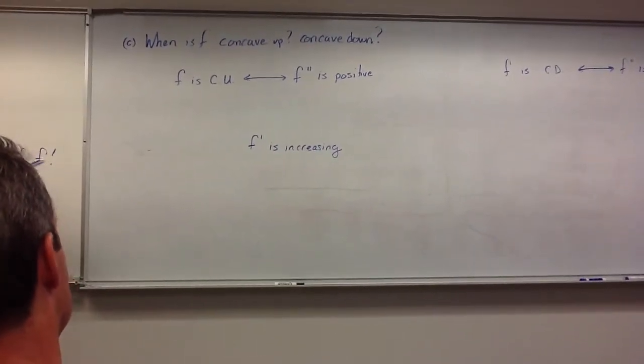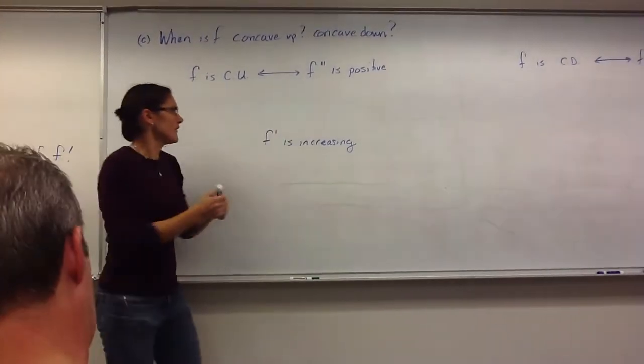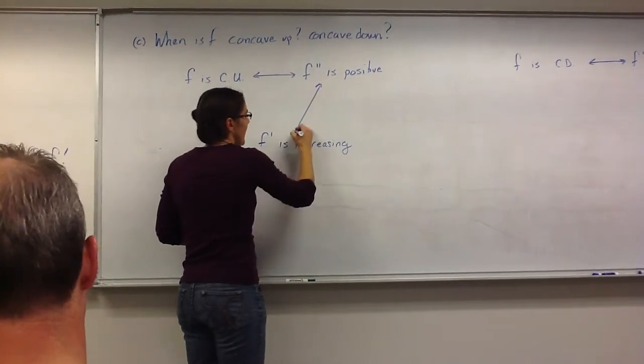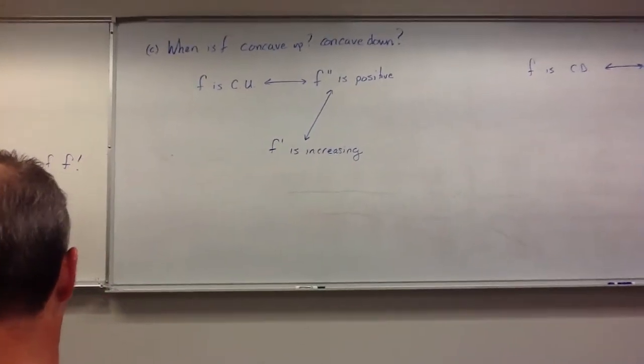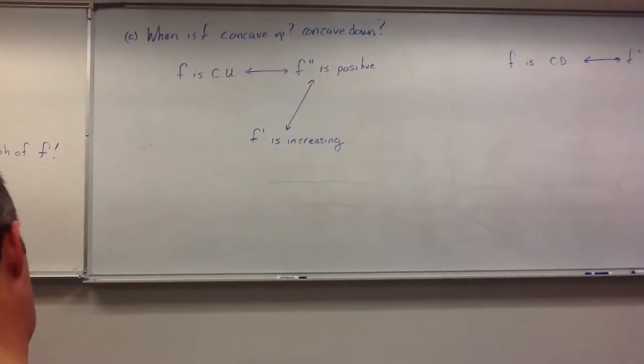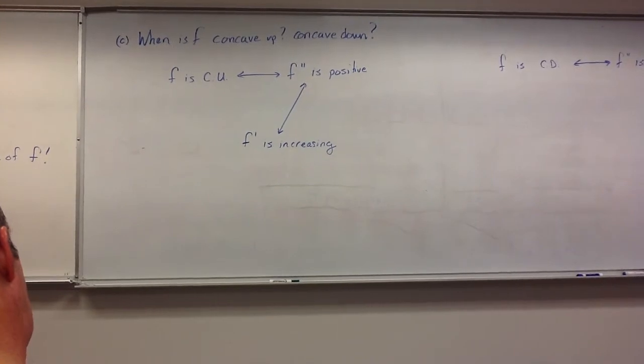I mean, yes, we can memorize it, but why is this link a valid link? If you're increasing, you're still going to continue to be positive when you take the derivative.